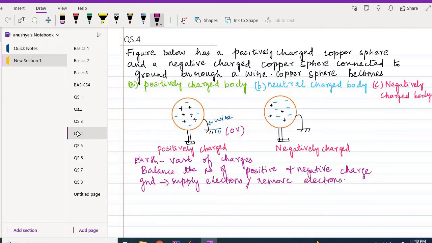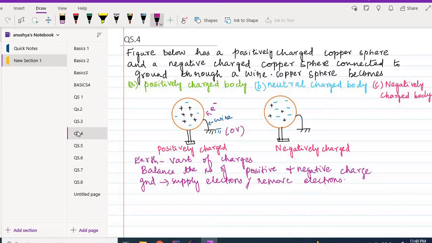When you come to the first figure, positively charged means you have more number of protons and it is deficient in electrons. So what happens? This ground will supply the electrons so that it maintains the negative charge equal to the positive charge.